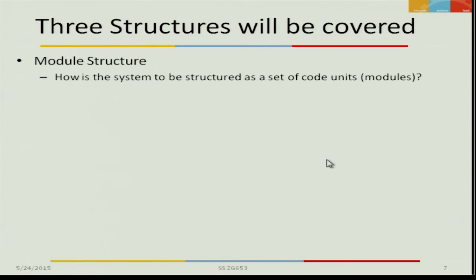One is called the module structure, in which the main concern is how a system is to be structured as a set of code units or modules. You will describe a module structure using certain elements. The whole purpose is to understand how a system is organized as a set of code units.